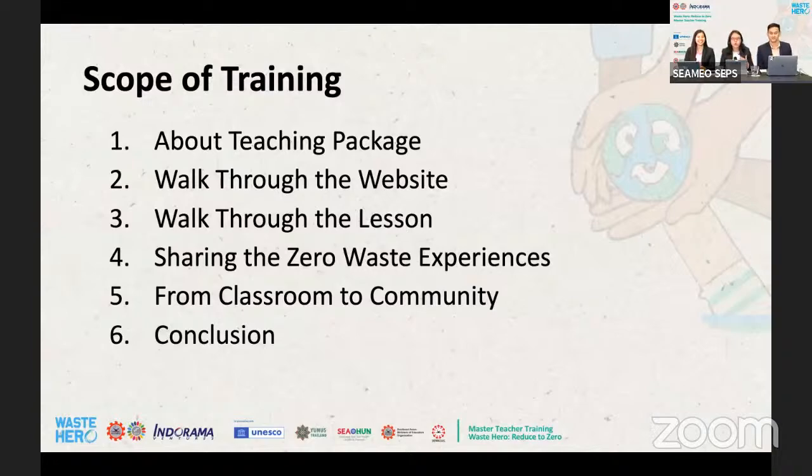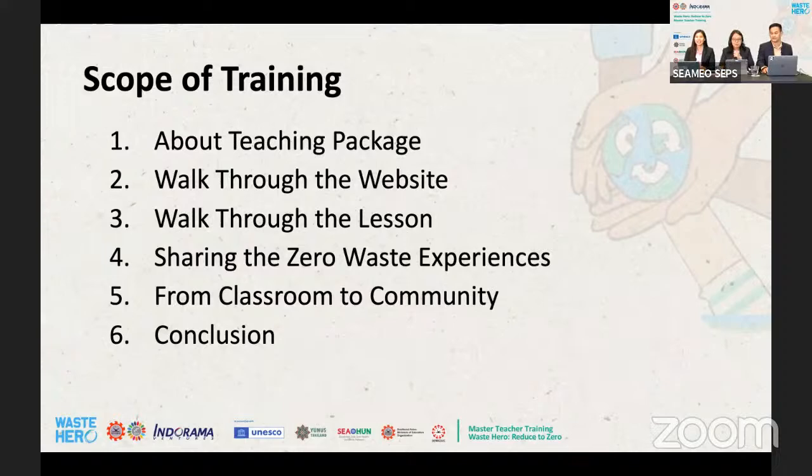After that, Mr. Suthon will present his experiences about the environment and recycling in Korea and also in Rayong province, Thailand. Before the last one, I will show you the steps to decide on a project from classroom to community. And the end of the session is the conclusion. That's all 6 sessions today.